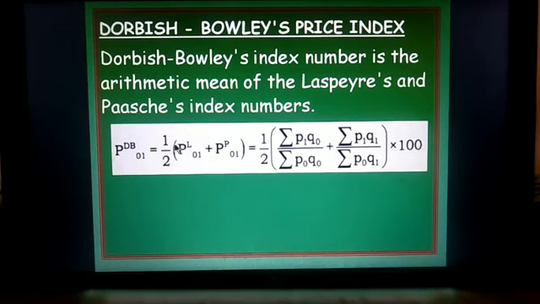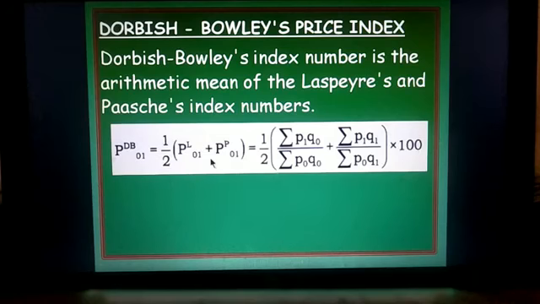That divided by 2 has been taken as 1 by 2 outside and written with the bracket P01L plus P01P, which implies this half as it is.